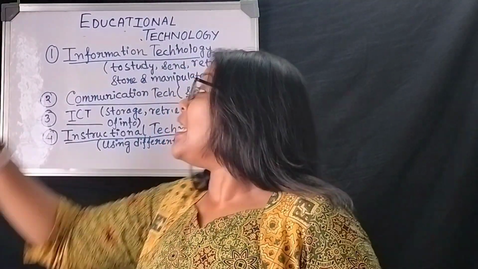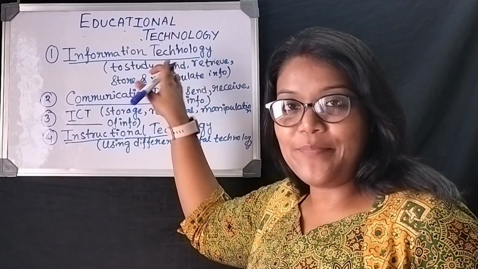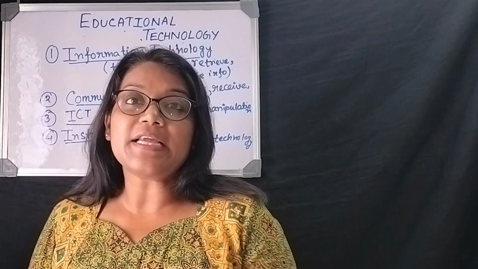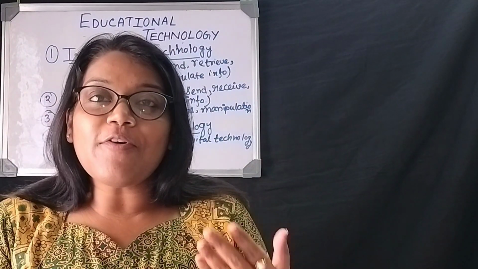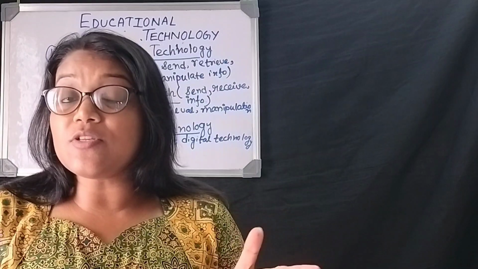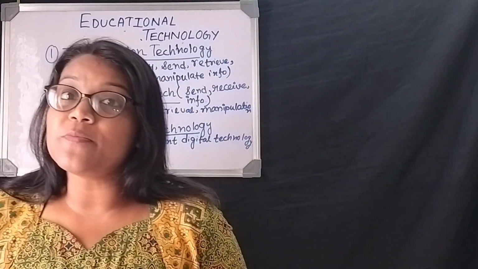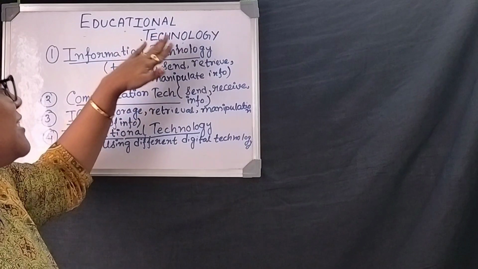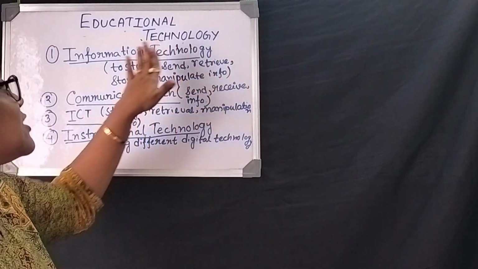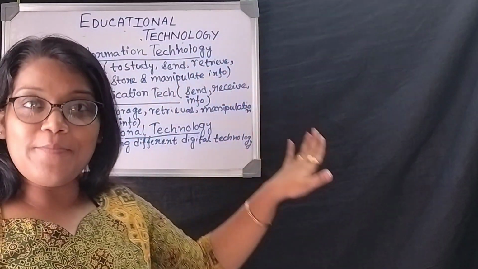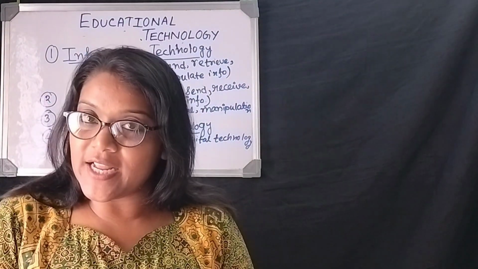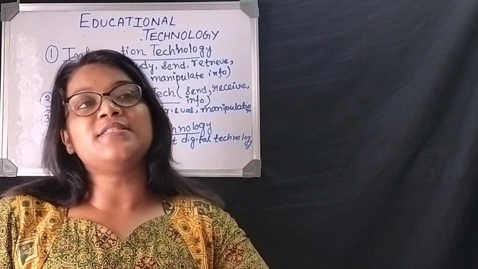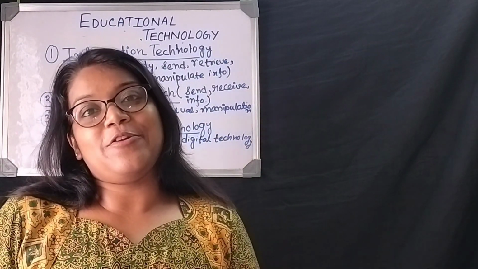So learner, we have already told the first technology was information technology. So what do you mean by information technology? Basically, in information technology, the computer is used for studying, sending, retrieving, storing, manipulating information, which are used in different business organizations and nowadays in the field of education.